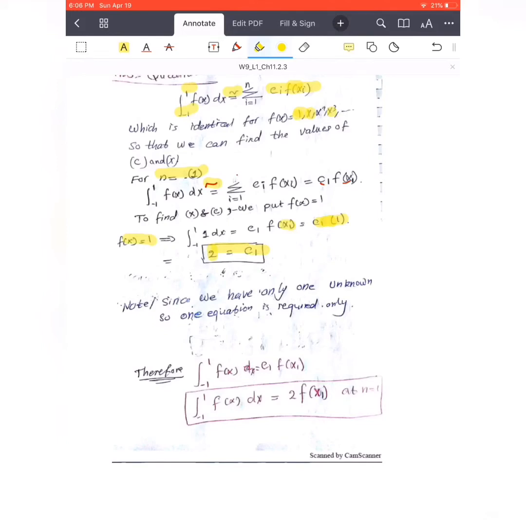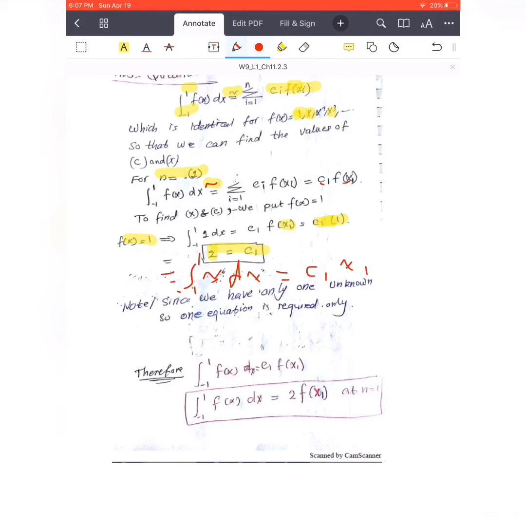Well, how do we find x1? Okay, I can write it down for you. When we take the integral from -1 to 1, now we have to put f of x equal x, dx, which should equal C1 x1. What is the integral of this?